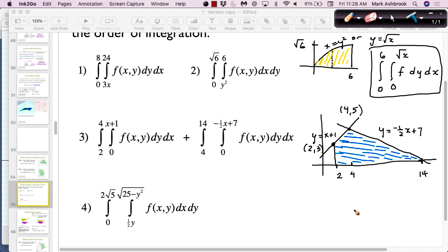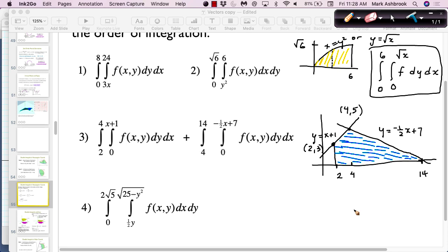Can I talk about number 3? Let's talk about number 3. So for number 3, I think this is really good because it's not about looking into the region and saying, how am I going to split up the region? That's not what determines how many double integrals you need. It's about the boundary. The boundary of this thing is what's going to tell you whether you need more than one double integral or not.